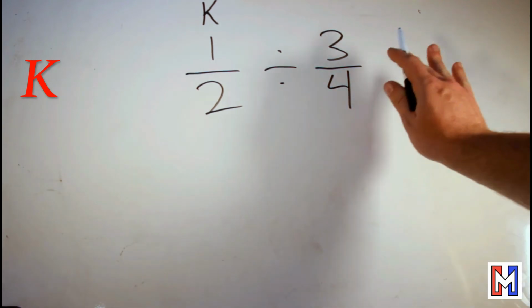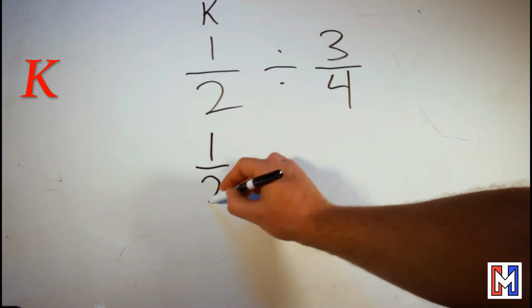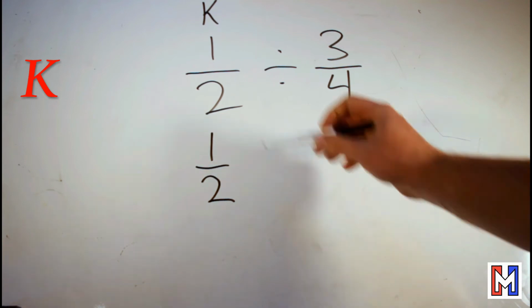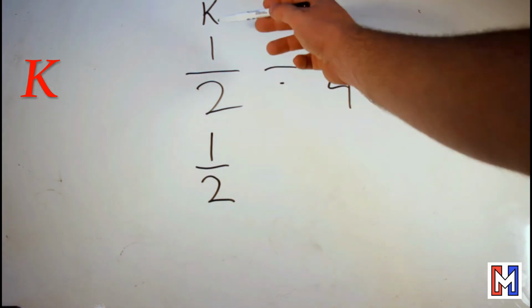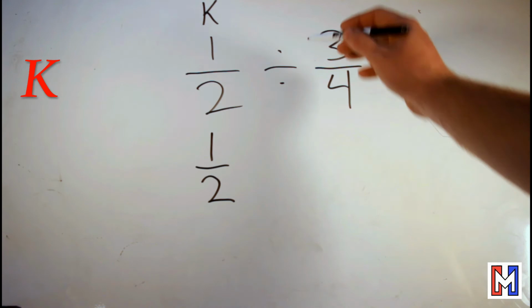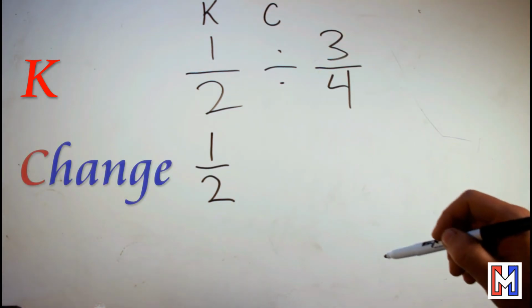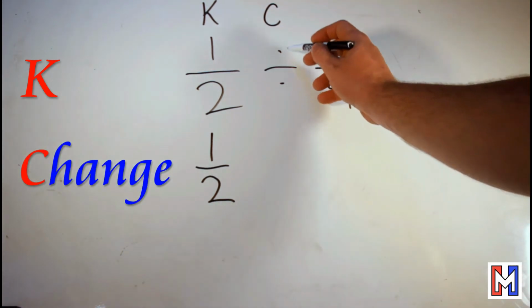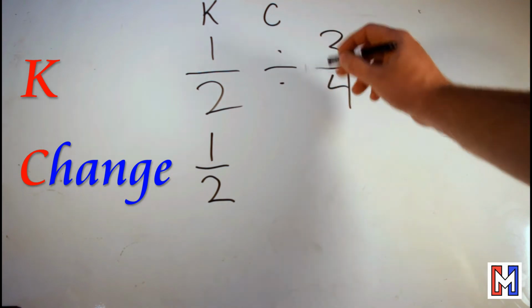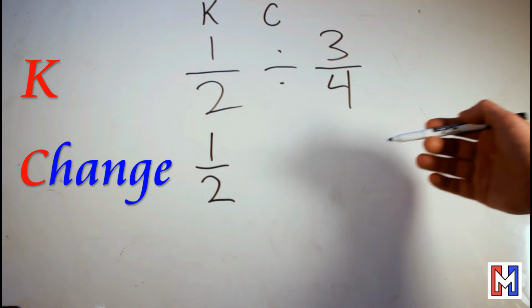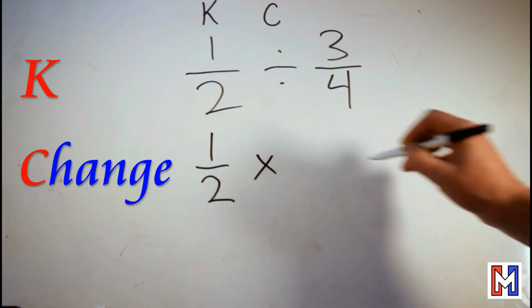We're not doing anything with it. It's going to stay the same. Okay? So 1/2 stays. We keep it as 1/2. The next one is C, change. We're going to change our division to the opposite operation, which is multiplication.